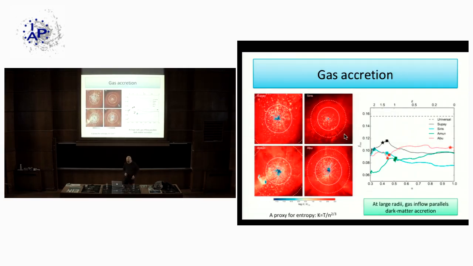And what I want to speak about in the last minutes is what happens when you put in gas. So now we rerun the simulation for this set of halos, adding gas, and what you basically find is that at the level of halo radii, the gas accretion actually matches dark matter accretion, so it's stalled for the stalled halos, it's not stalled for the accreting halos.